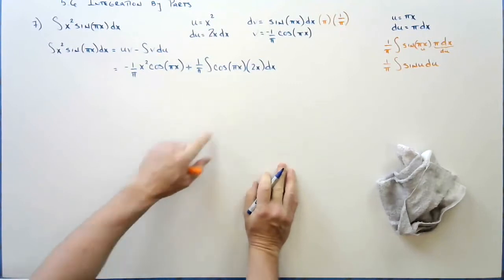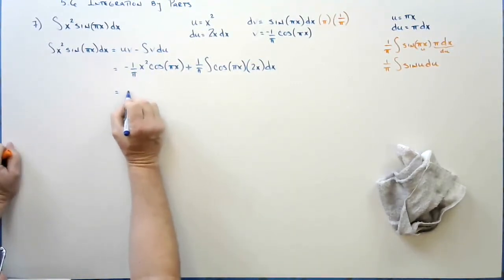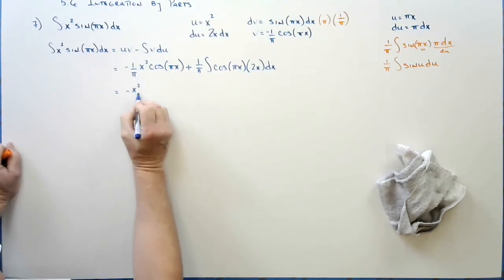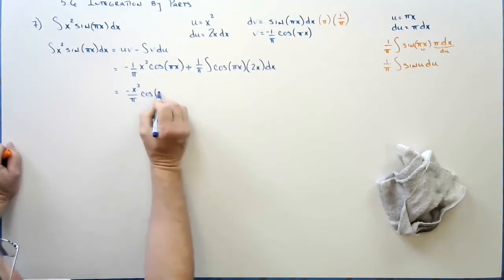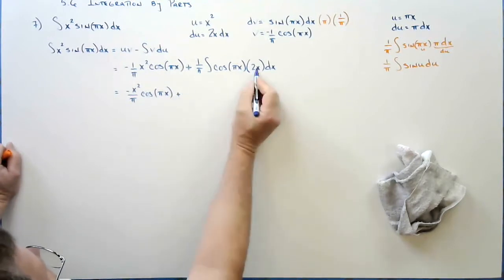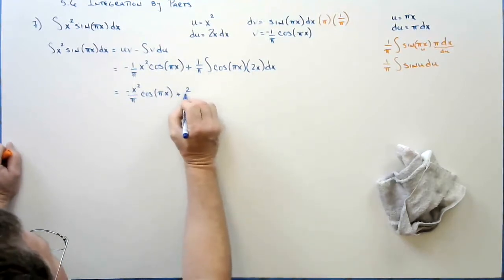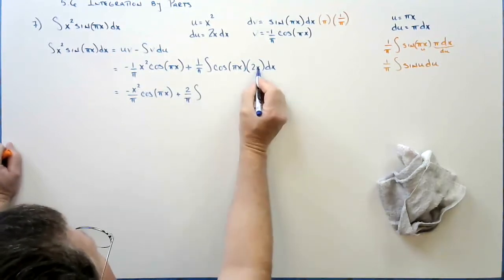Now we're going to rewrite this integral in a more traditional looking format. This is going to be minus x squared over pi cosine of pi x. Here we're going to have plus. 2 is a constant, so we're going to bring that out front. We get 2 over pi. We have an integral now, and we have our x.